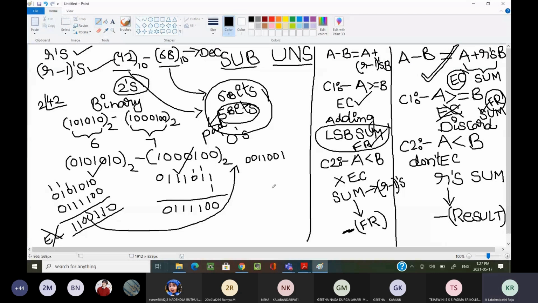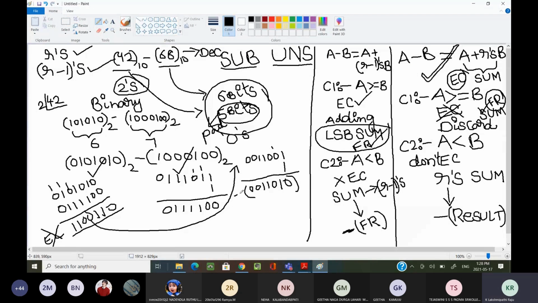This is my 1's complement. For this I'm adding 1, which gives 0011010. And this is my final solution.